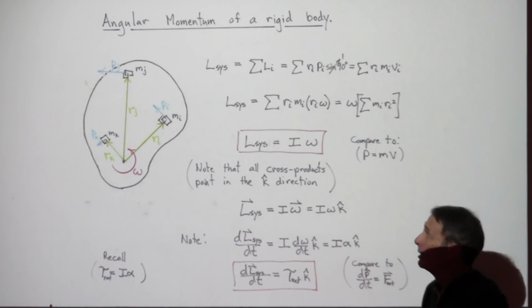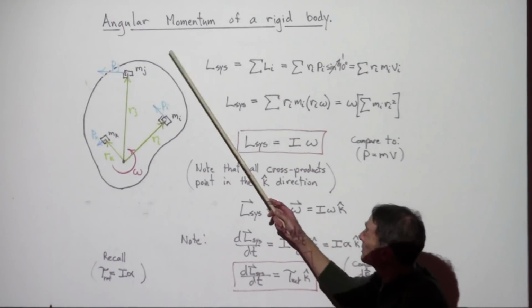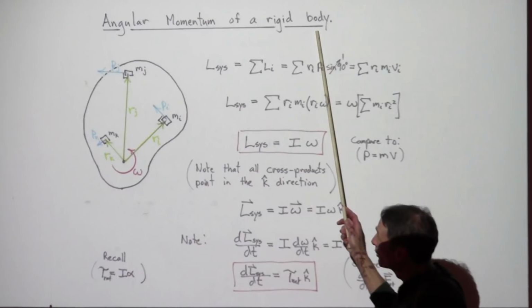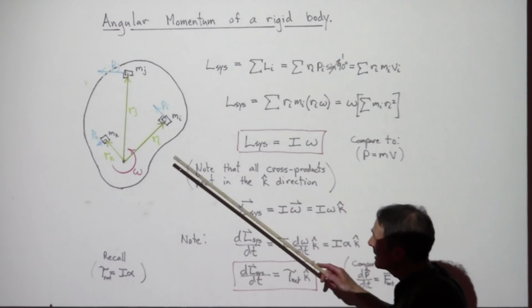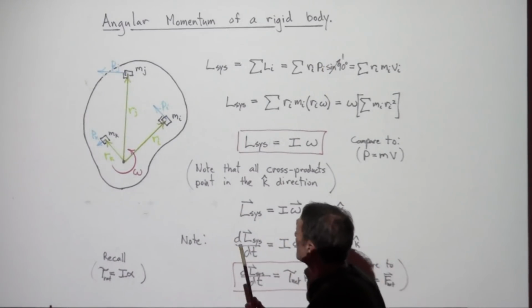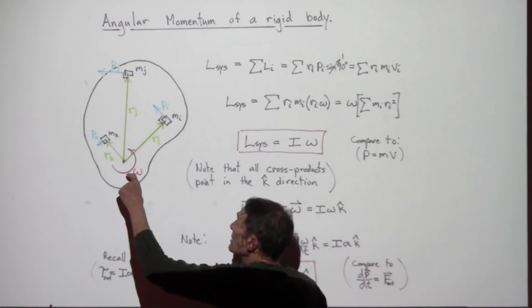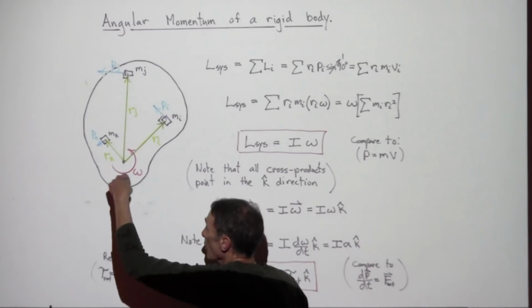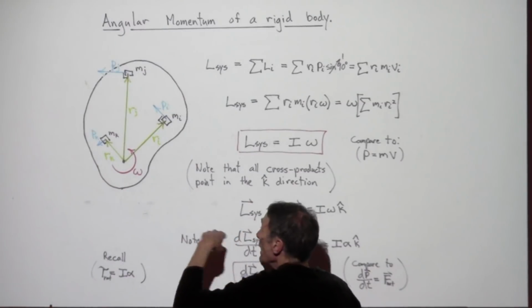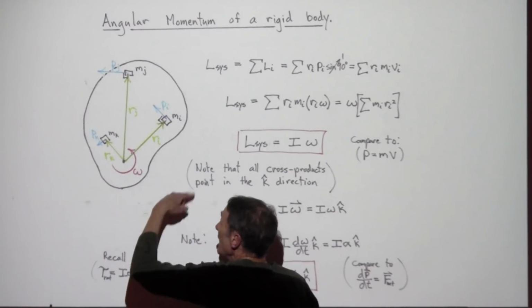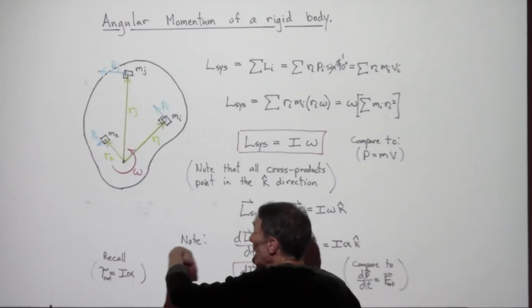Now, usually, another form that we use angular momentum a great deal is for a rigid body. And this is something that's going to be a little more intuitive here. Suppose I've got this steel plate and it's rotating, and it's got some omega, it's got some angular momentum.